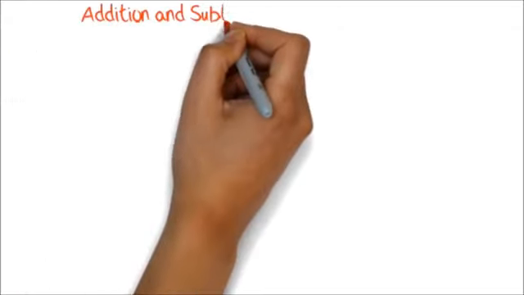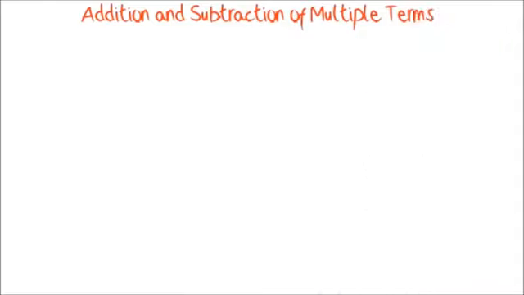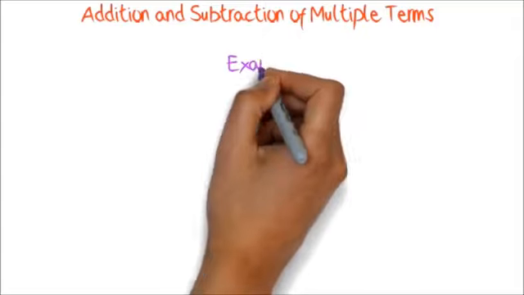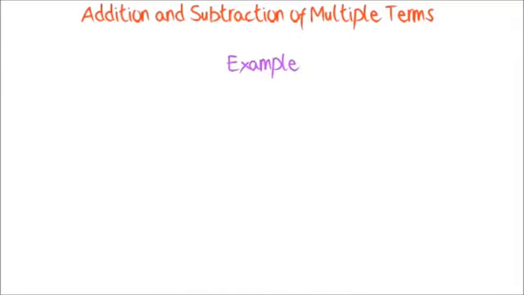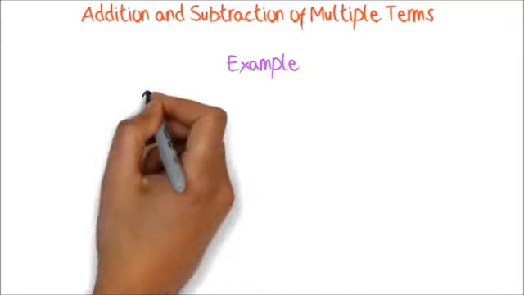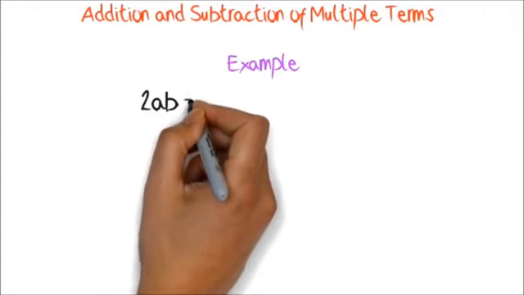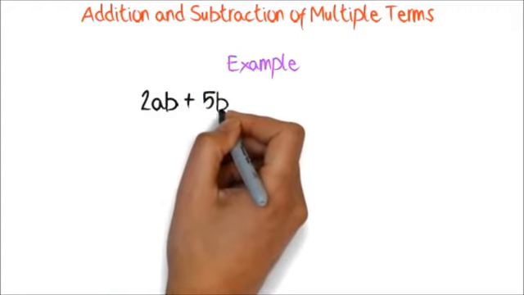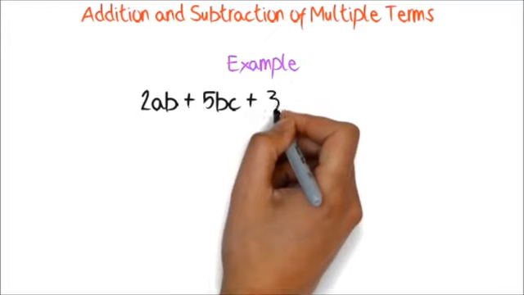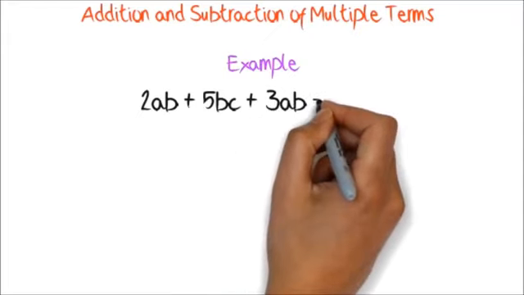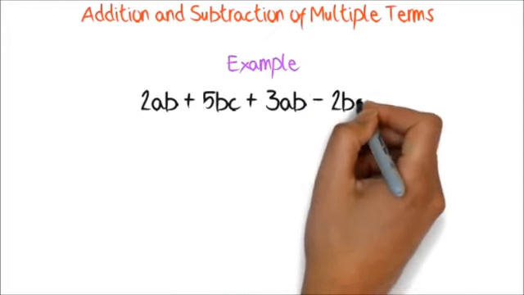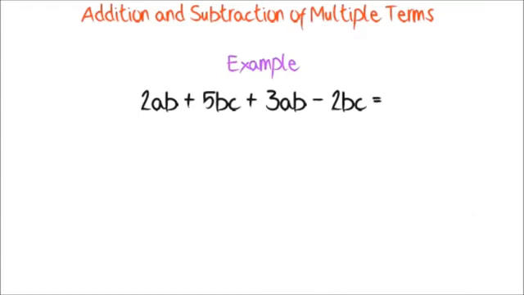Addition and subtraction of multiple terms. Like the way we added multiple numbers in basic math, we might have to add multiple terms in algebra. Let's try this: 2ab plus 5bc plus 3ab minus 2bc.